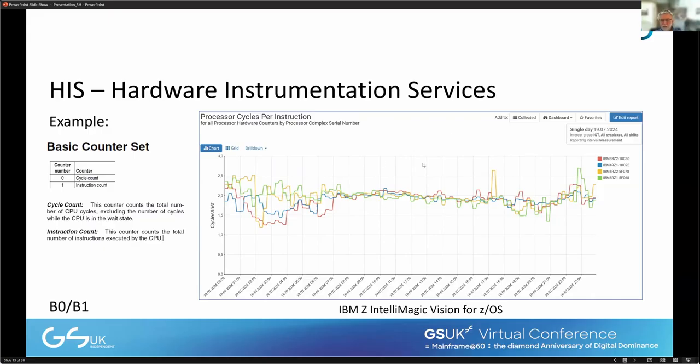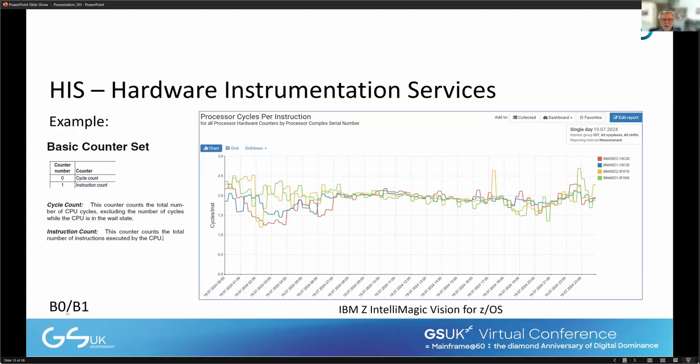What's interesting here for me as an observer is that the processor cycles per instruction during the day period, between 8 and 5 p.m., is very consistent amongst the four CECs. And it's different during the batch period, especially in the morning. And that's probably very typical for a lot of customers.